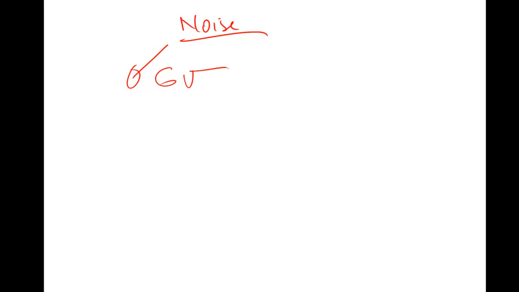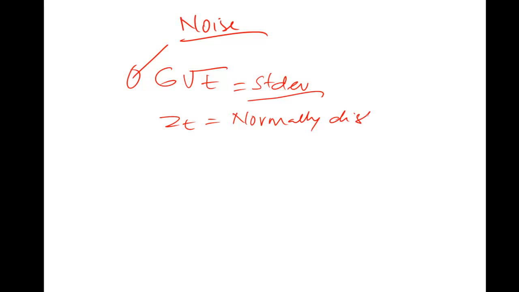The best proxy we have for noise is standard deviation, but standard deviation needs to have two additional adjustments. One is it's proportionate to time. Prices move less in one day and they move more in a month or a year.